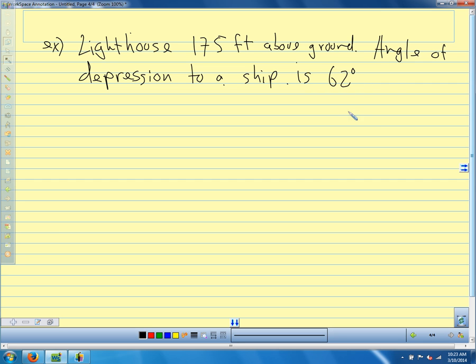We want to know how far is a ship from the base of the lighthouse. And we want it to the nearest foot.